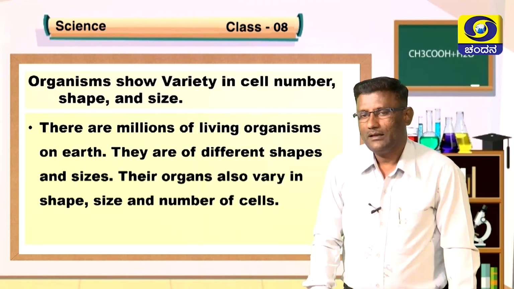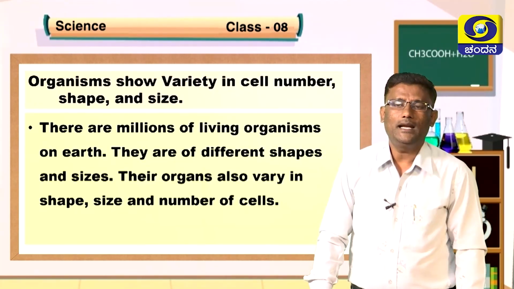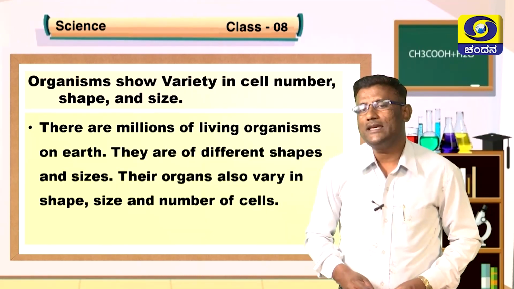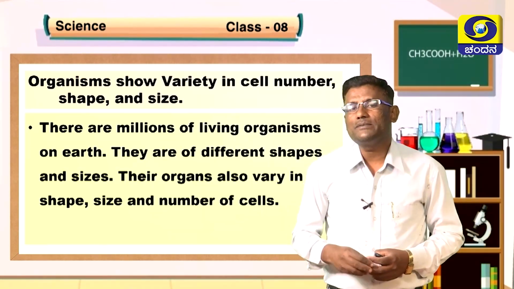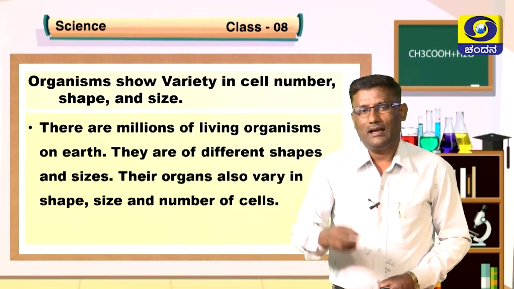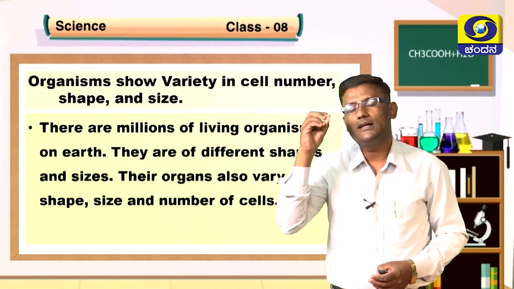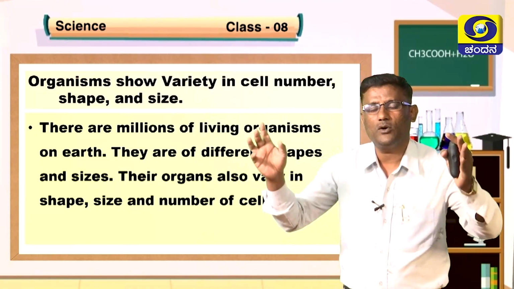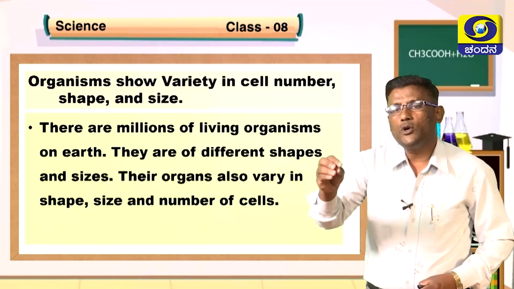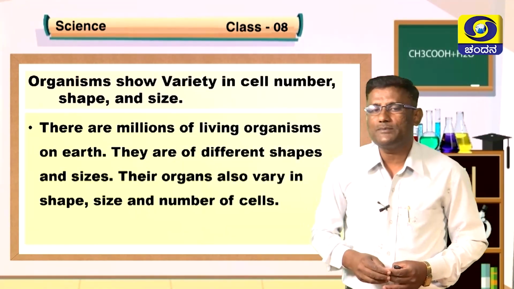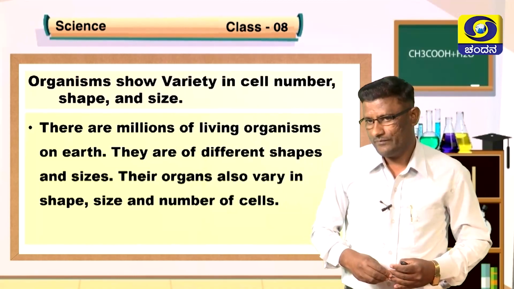Then my dear children, let us move on to one more concept, that is the variety in cell numbers and variations in cell shapes and cell size in different organisms. As you know, there are millions of living organisms present on the earth.